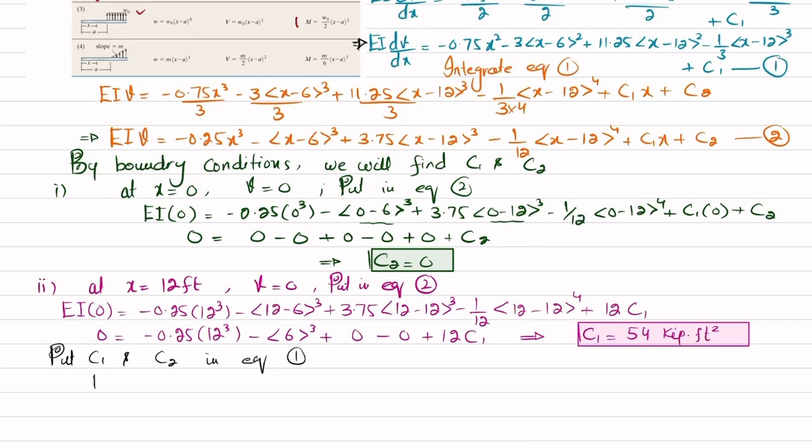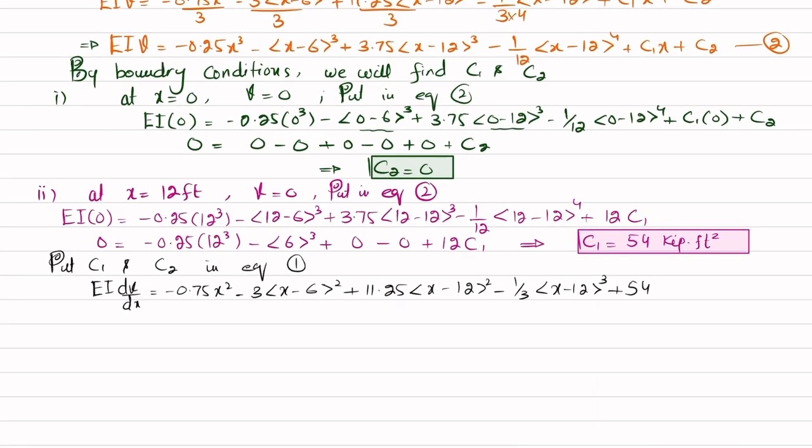So when you put it, you will get EI into dV over dx is equal to minus 0.75 x square minus 3 into x minus 6 power square plus 11.25 into x minus 12 power 2 minus 1 over 3 into x minus 12 power 3 plus C1, which is 54.